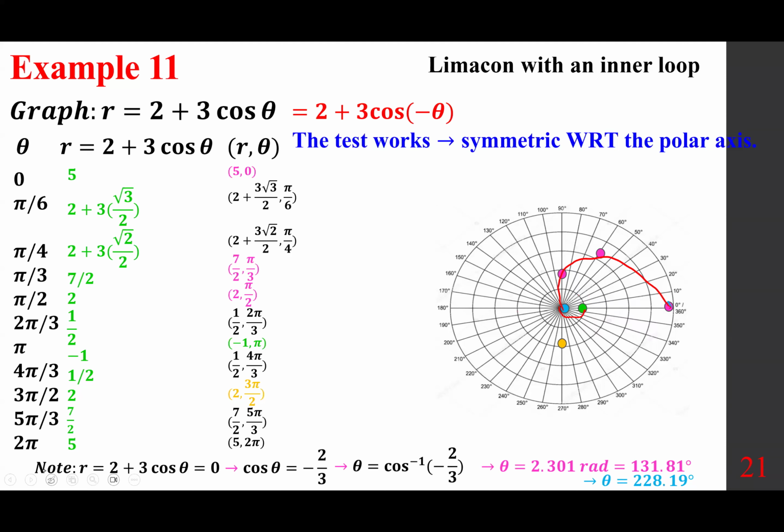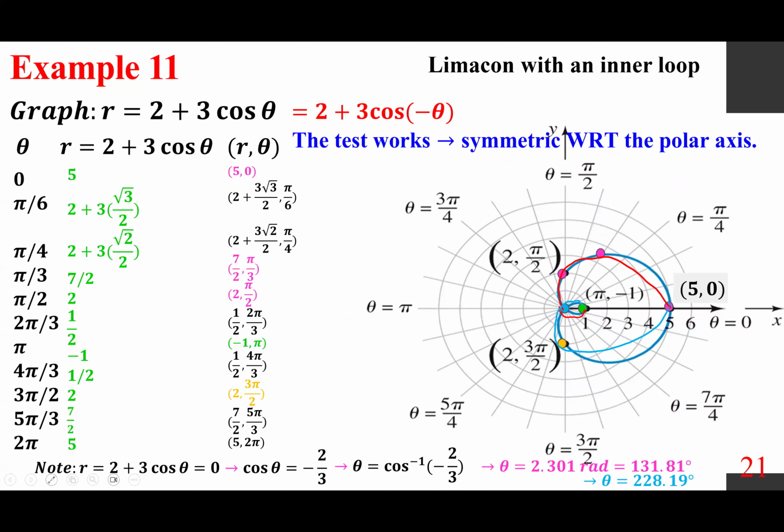Let me use a different color, and it goes like that, because it's symmetric with respect to the x-axis, the polar axis. Let me show you their work and then erase mine. So this is when you do it with details.